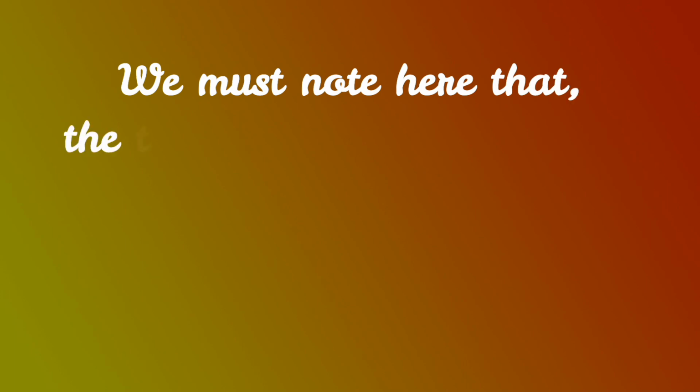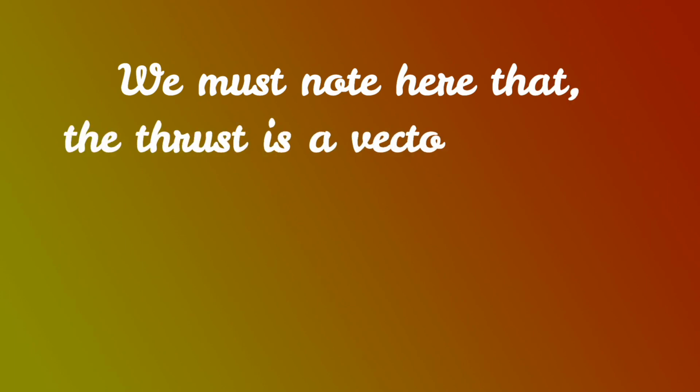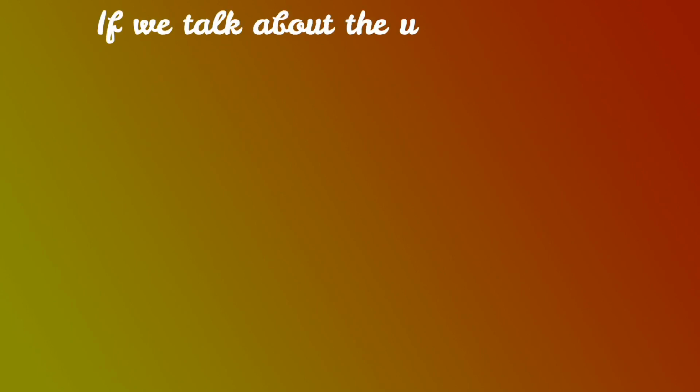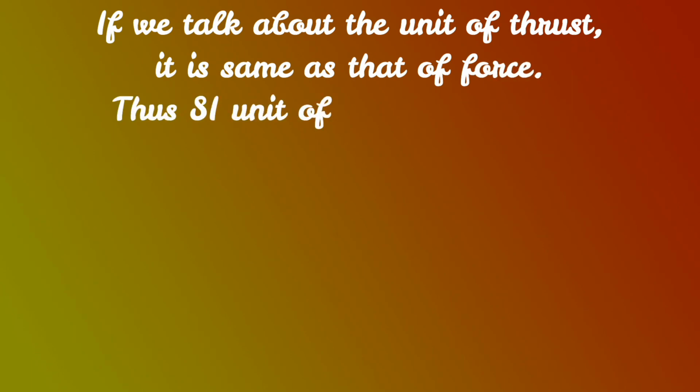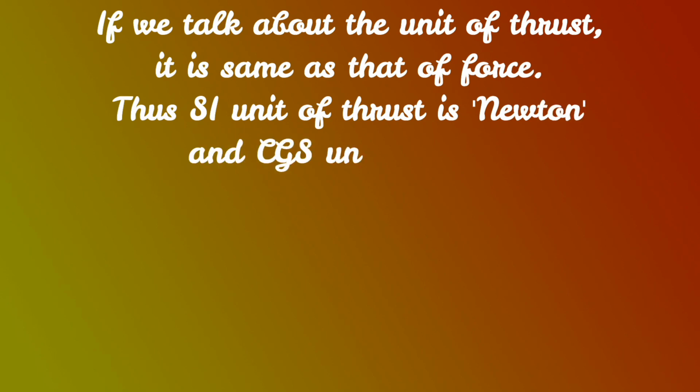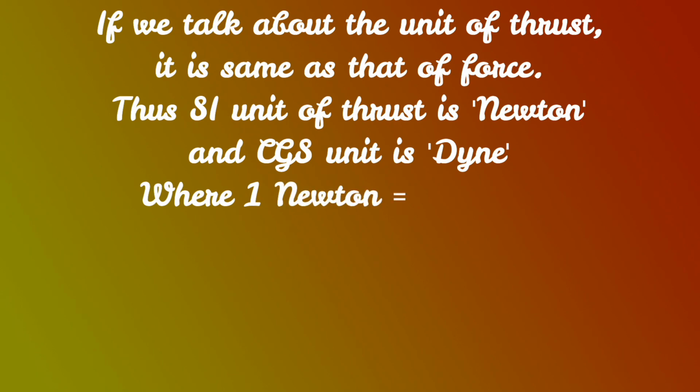We must note over here that thrust is actually a vector quantity. If we talk about the unit of thrust, it is measured in the units of force. So the SI unit of thrust is Newton and the CGS unit of thrust is dyne, where 1 Newton is equal to 10^5 dyne.